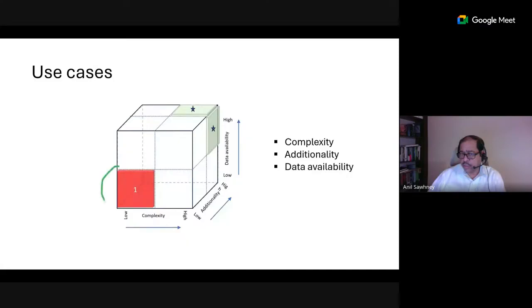So do not take use cases or applications that sit in this zone 1, meaning low in complexity, low in additionality, and there's less data available. You're not going to get the gains that you're looking for. So here is what you're looking for: high data availability, high additionality, and high complexity. That probably is a good zone. So I think sustainability, WLCA, material selection, design options probably would sit somewhere here. So they are good candidates for applying AI.